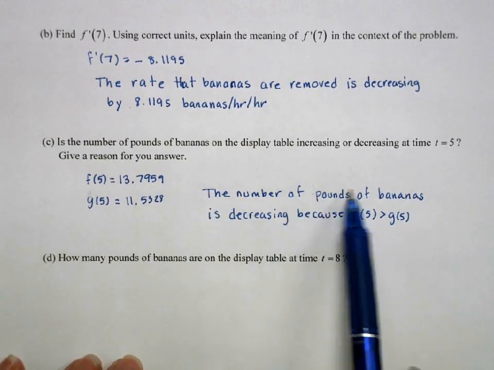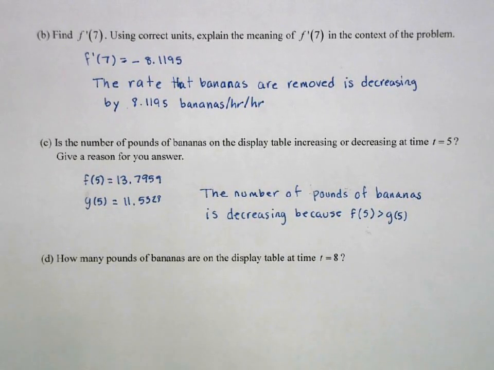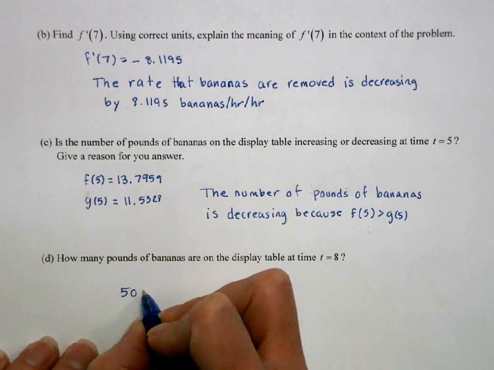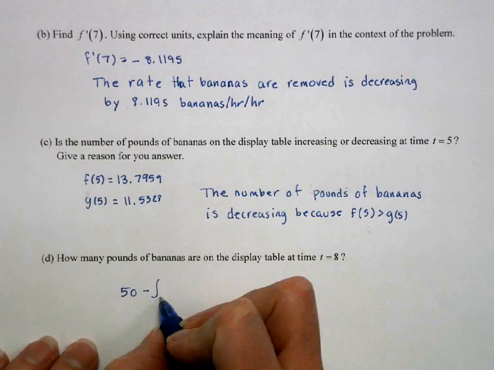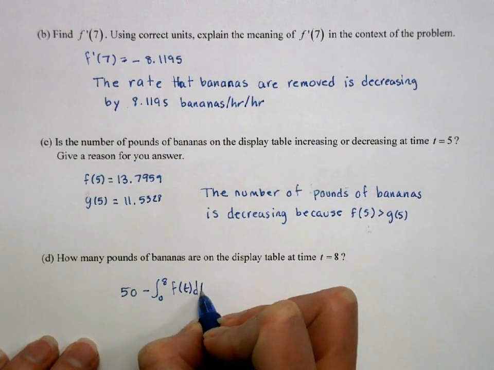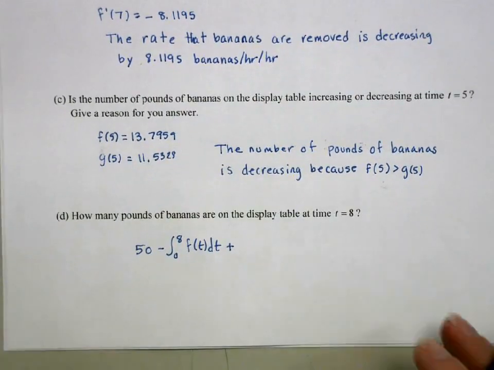Last one, how many pounds of bananas are on the display table at t equals 8? Well, we have 3 things to consider. We have how many we started with, which was 50. Okay, how many are being removed? At t equals 8, they're being removed from 0 to 8, and we're using f of t. But we have these nice grocery workers who are adding bananas, but they don't start until 3.